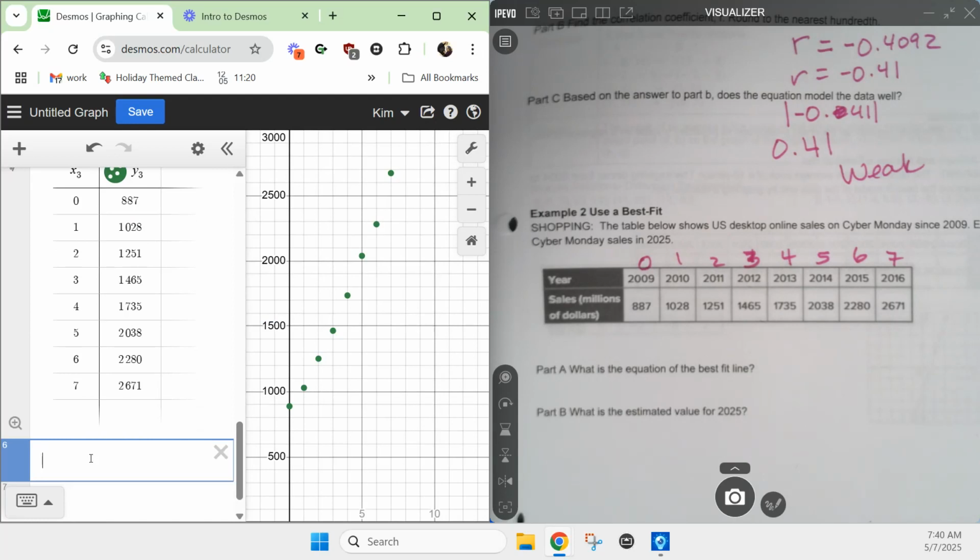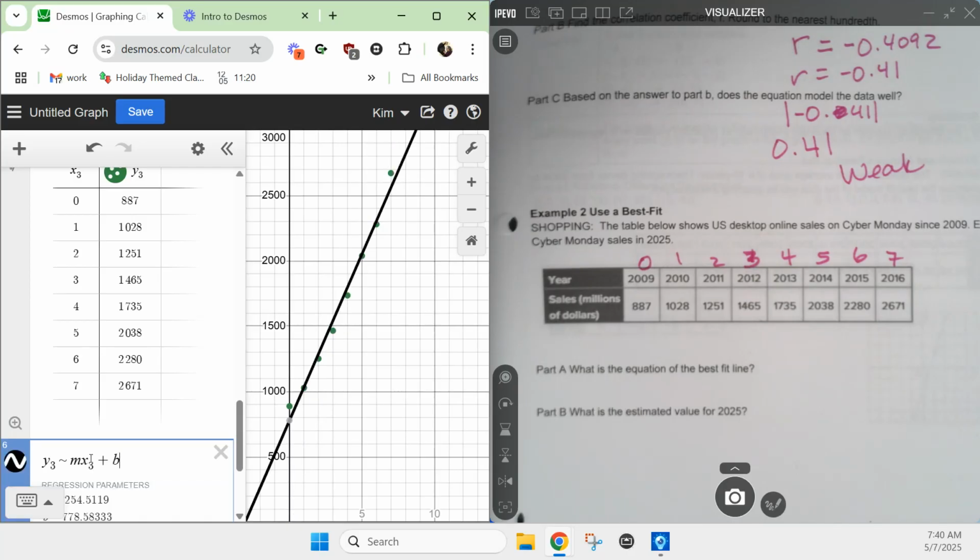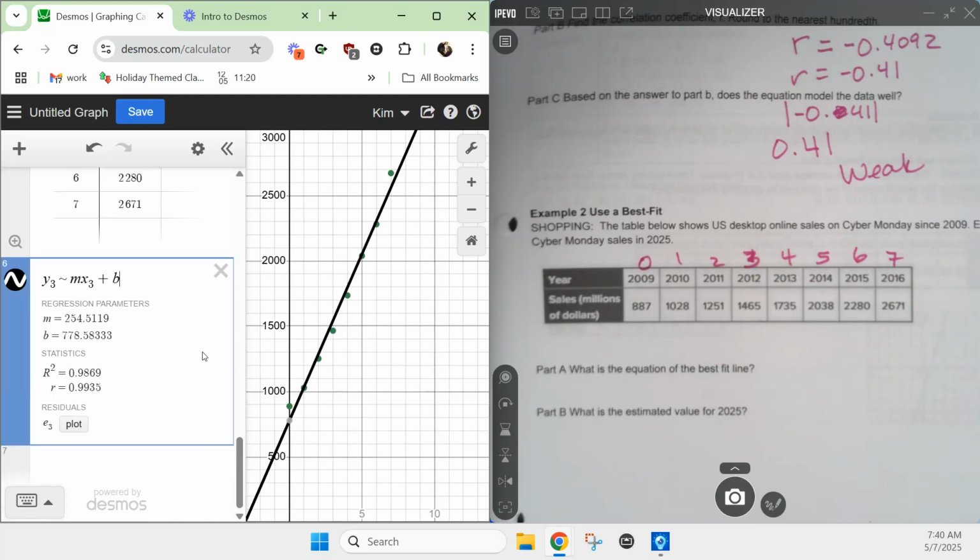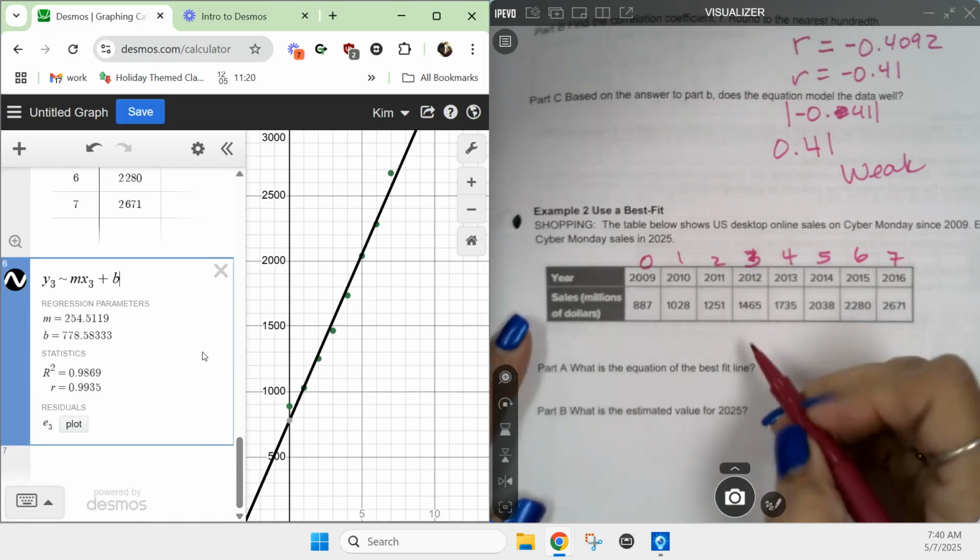Okay, so now I need to write what my equation of the line is going to be. So again, y sub 3, squiggly line, x sub 3, plus b. There you have it. There's our linear regression line. So what is our line of best fit?